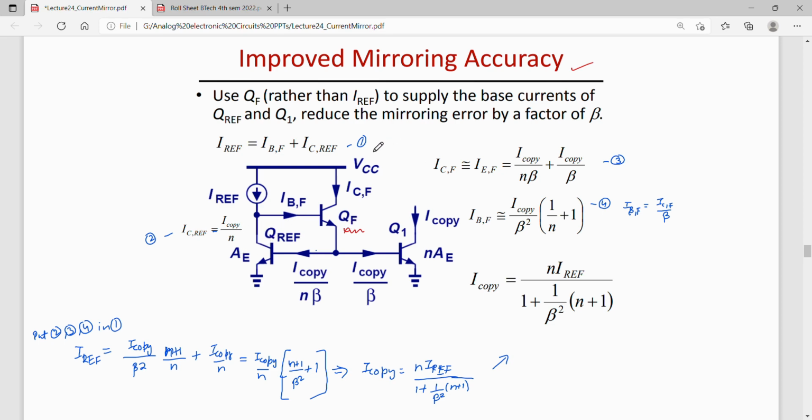So let us write equation 1 first, which is I ref is IBF plus IC ref.